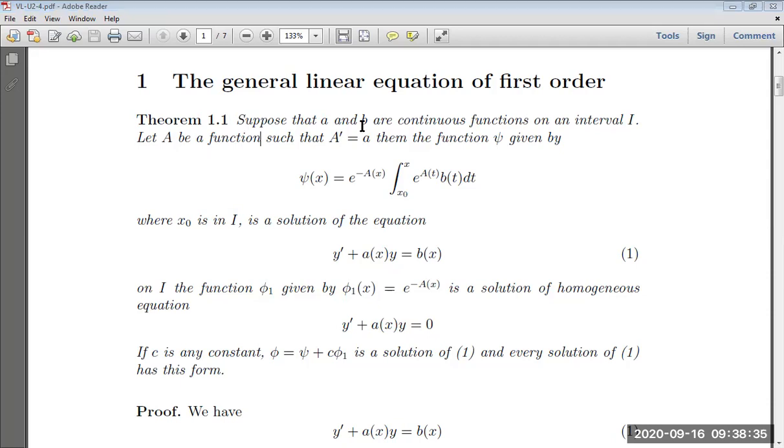So the hypothesis is, we suppose that a and b are continuous functions on the interval I, and we define a new function A, which is like this. Derivative of that function is nothing but the function a of x, which is the coefficient of y in the linear differential equation. Then the function psi of x is given by this formula.